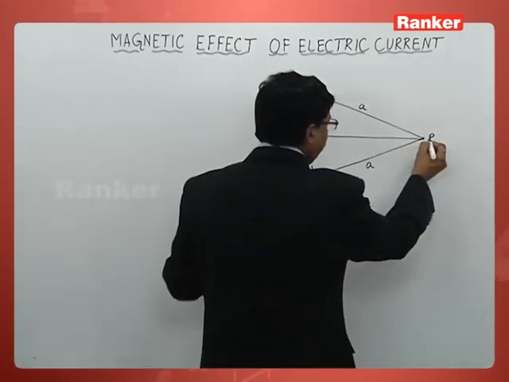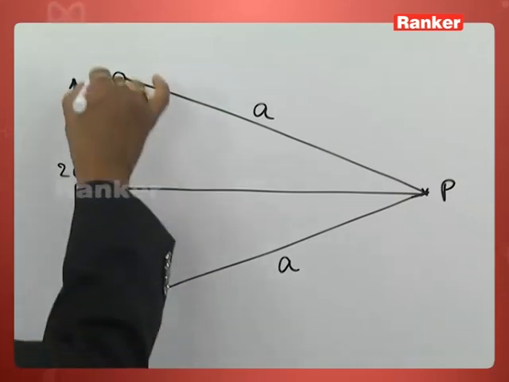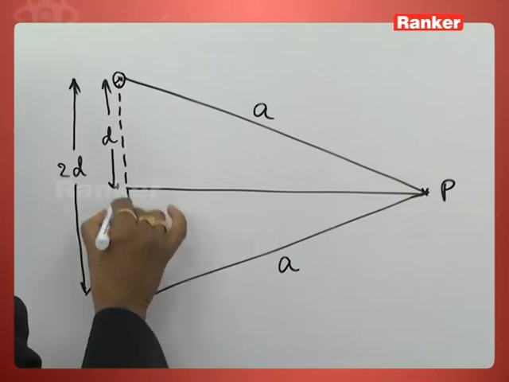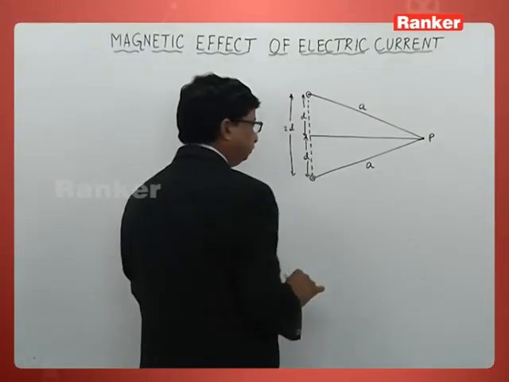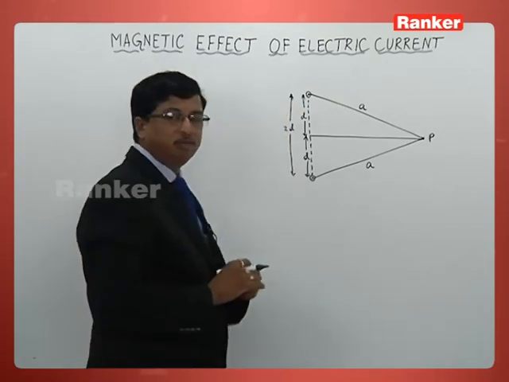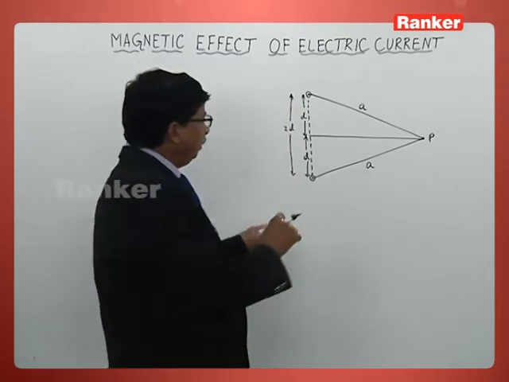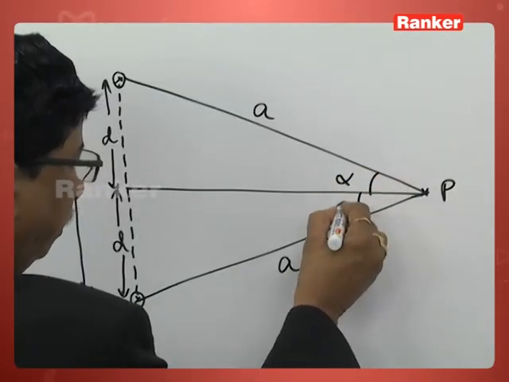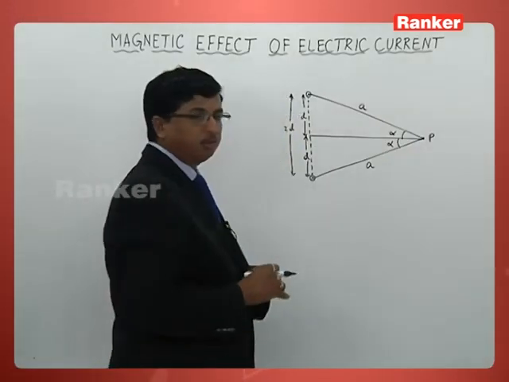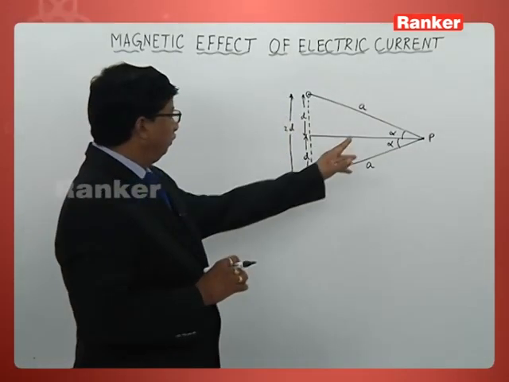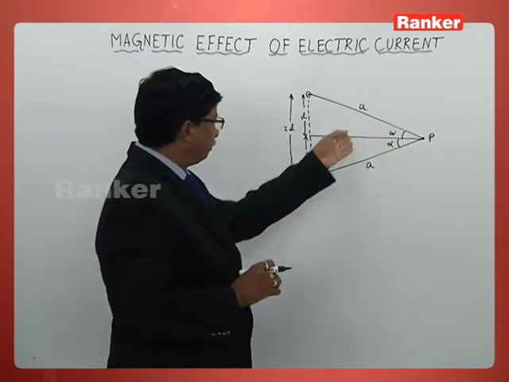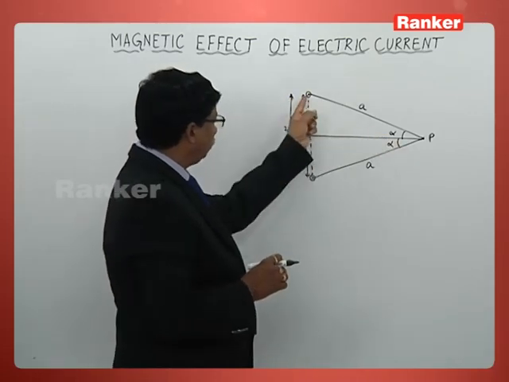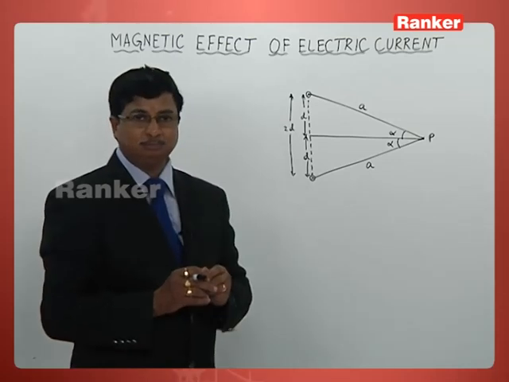And we know pretty well this is the point P. The total separation is 2D, which means this distance now becomes D and this distance now becomes D. That is what has been given in the figure. Since the distances are equal, this angle is mentioned as alpha, and this also as alpha. So these 2 angles are equal, these 2 distances are equal, and obviously the magnetic fields produced due to these 2 currents will also be equal.